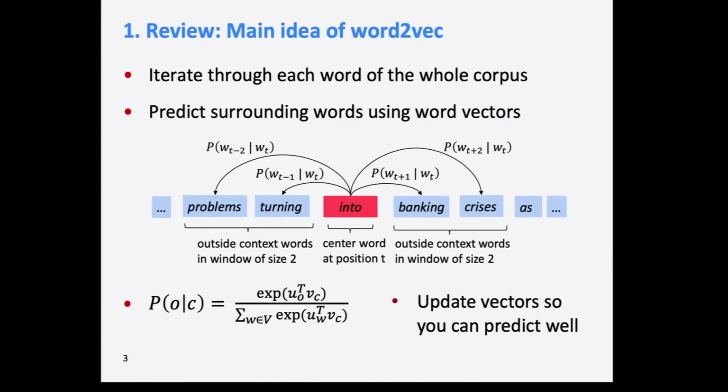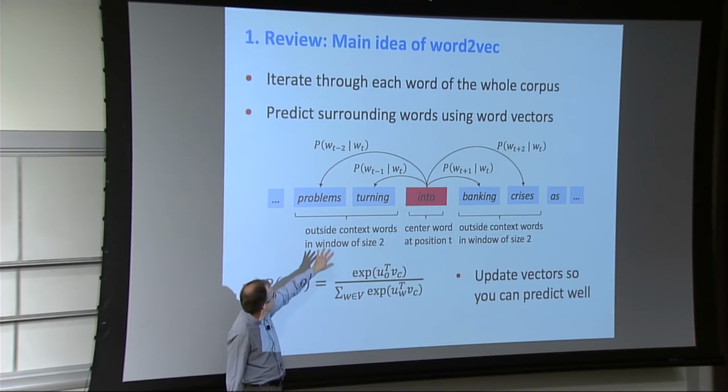Okay, so remember we had this idea of word2vec. It was an iterative updating algorithm that learned these vector representations of words that in some sense capture their meaning. The way it worked was we moved position by position through a corpus, and at each point in time we had a center word, and it's trying to predict the words around it by having a probability distribution over words that will occur around it.